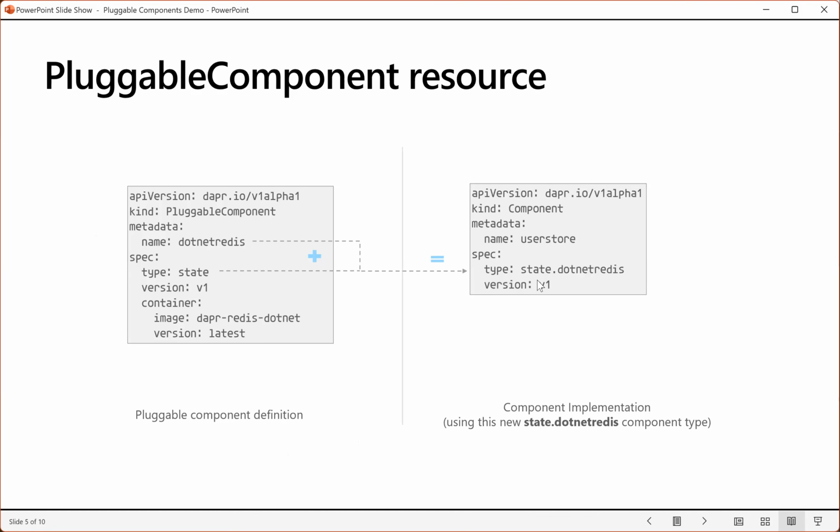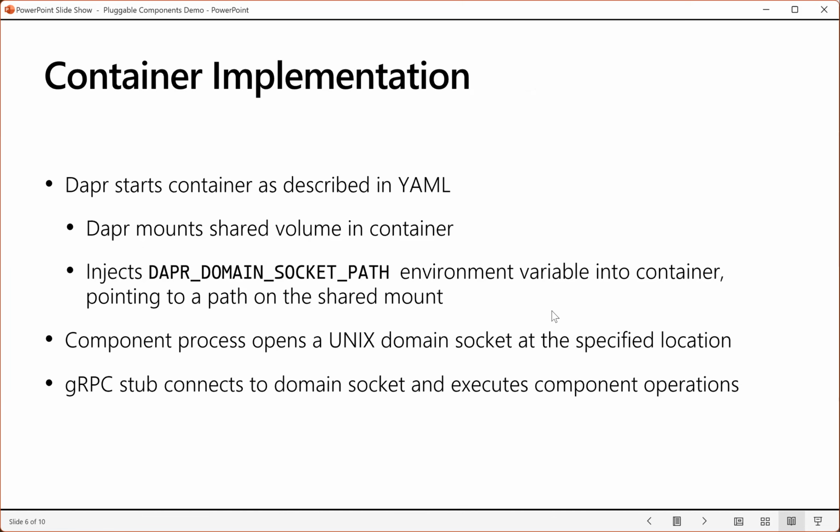You'll notice now that we have a new state store called .NET Redis, which is a combination of the type and the name from the pluggable component. And from a user perspective, it behaves exactly the same, right? There's no extra configuration required. As long as you can run the container image or connect to the socket, you can now use this new component type just as you would use any other one built in.